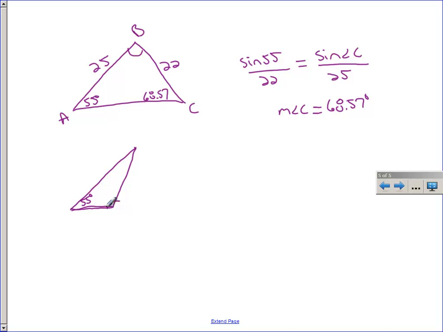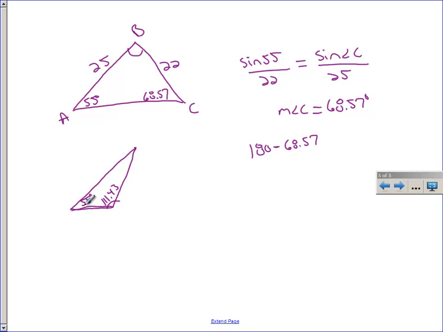Again, the way you find this obtuse angle is by arc sining that number, and your calculator tells you 68.57, but we should know that there's another possibility, the one that's in quadrant 2. So we do 180 minus 68.57, and we get 111.43.